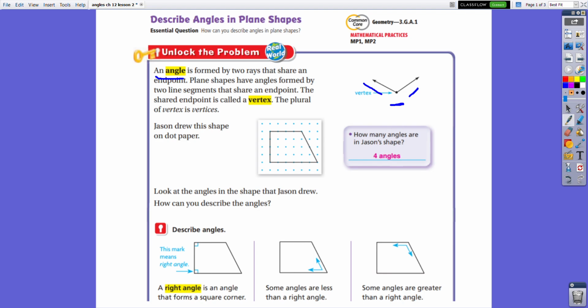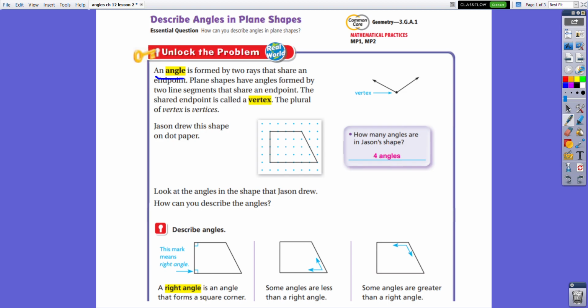Now, a ray has one end point here and it continues in one direction, right? Now, if I have two of these rays, okay? So two rays meet together in one point or one area.